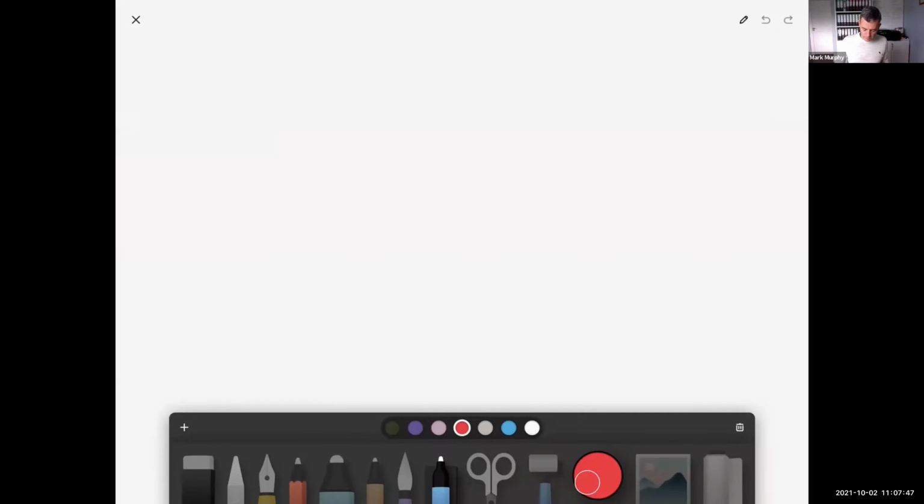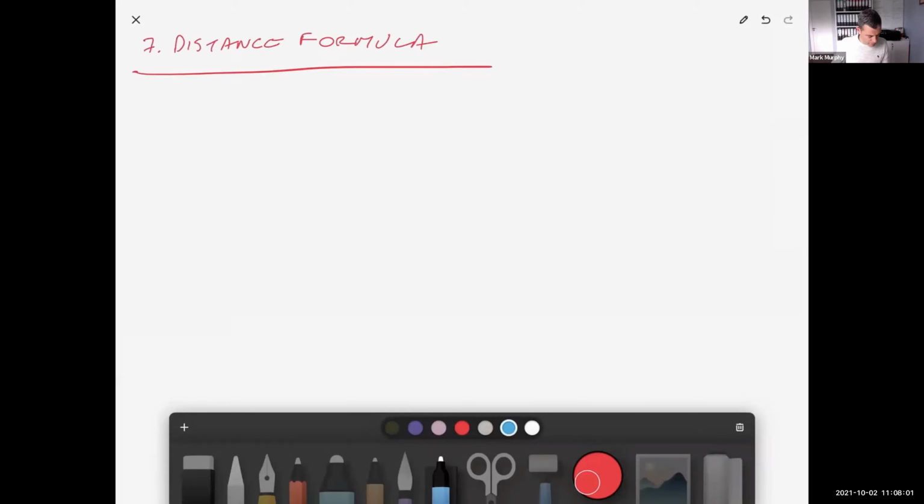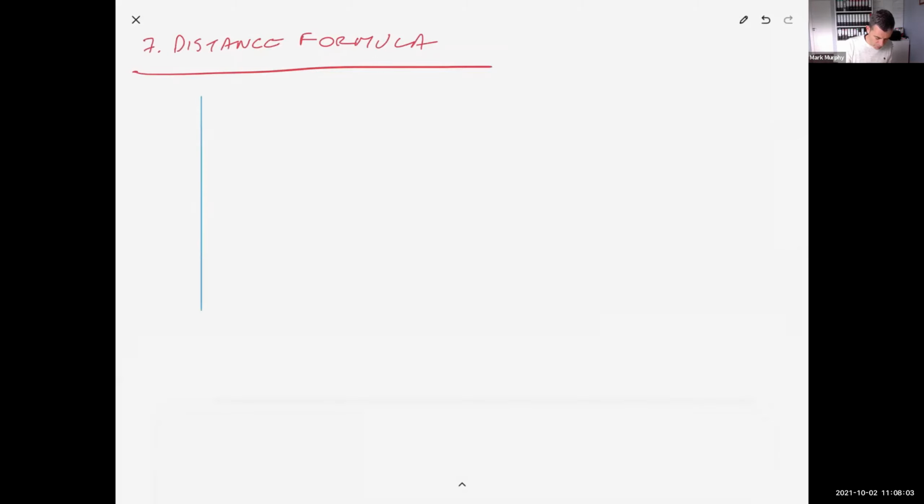Okay, the last one we're going to do is the distance formula. Y-axis, x-axis, and let's just pick 2 points.